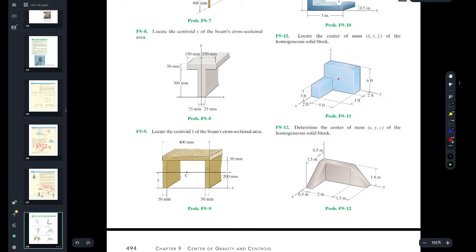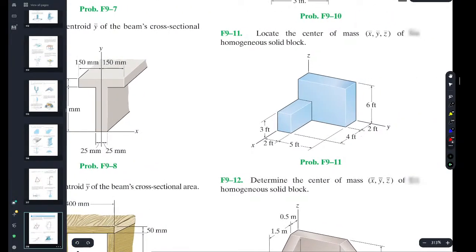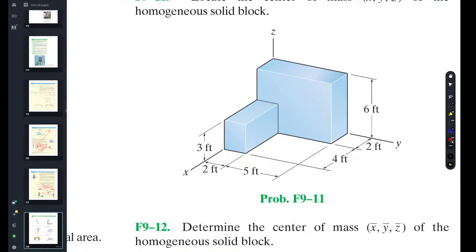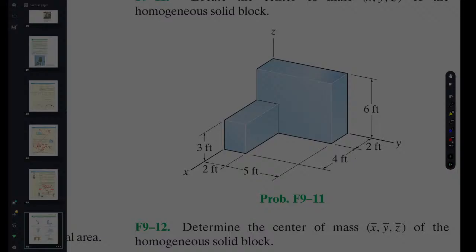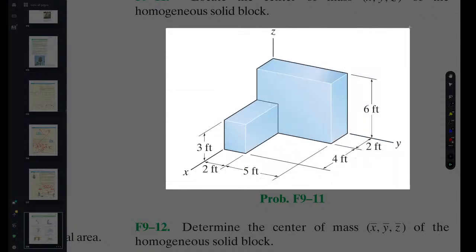Okay, hang on. I really don't need the text around it because all I know is I'm finding the center of mass. So, Control S. Hopefully we got it.